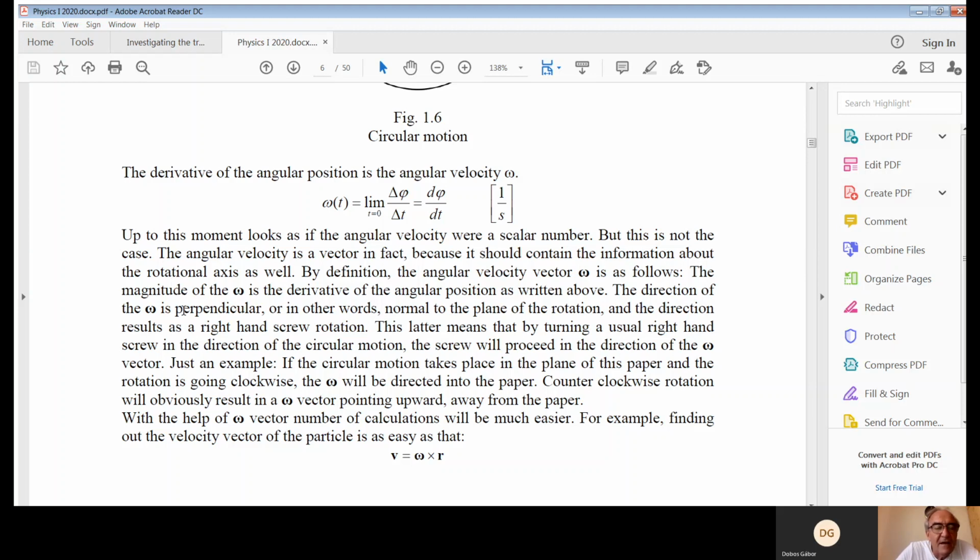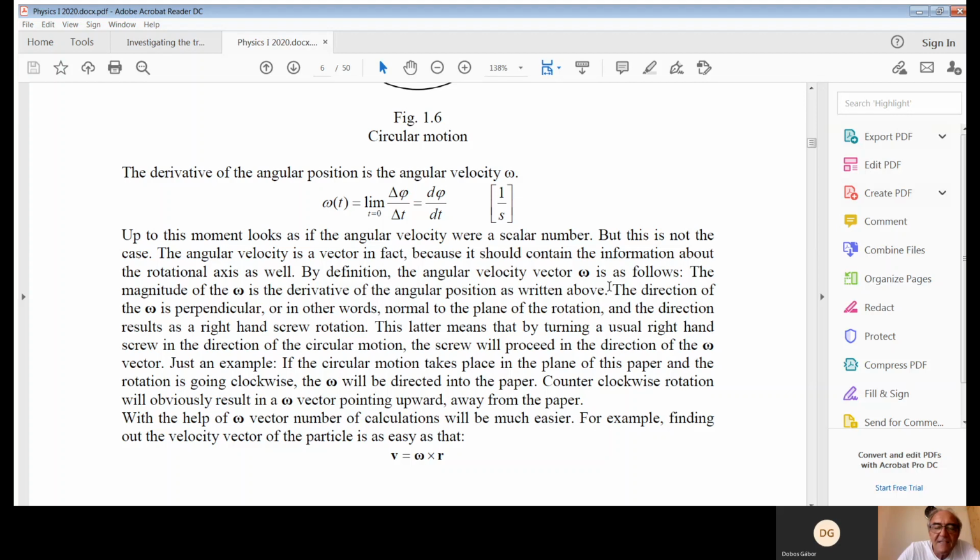the following. The magnitude of the omega vector is what we have explained here when it was thought to be a number only. But if we want this to be a vector and we want to contain the information on what axis it is around, the direction is perpendicular, in other words, normal to the plane of the rotation, and the direction results from a right-hand screw rotation.